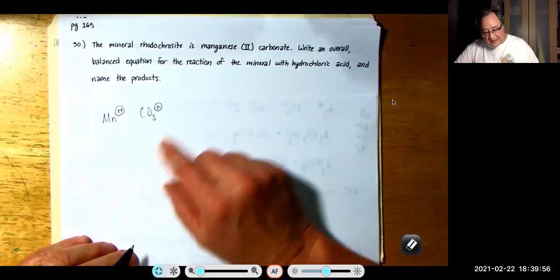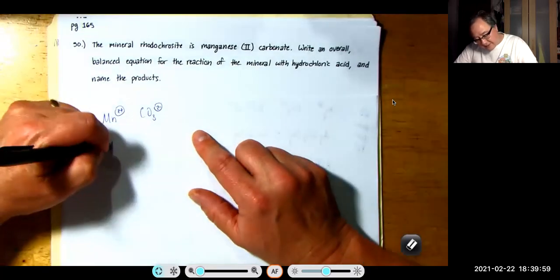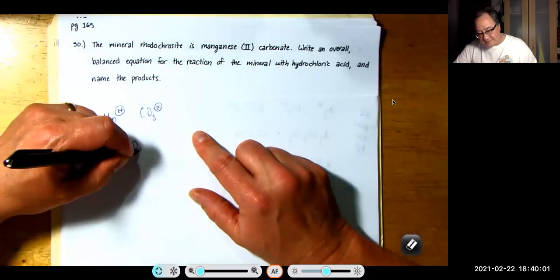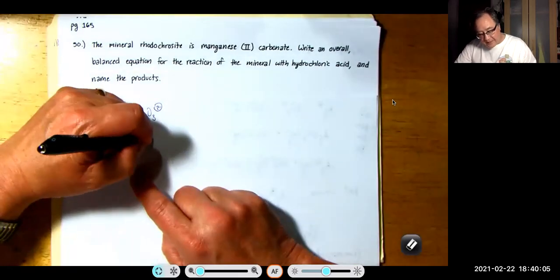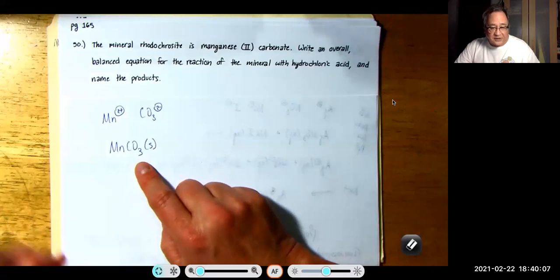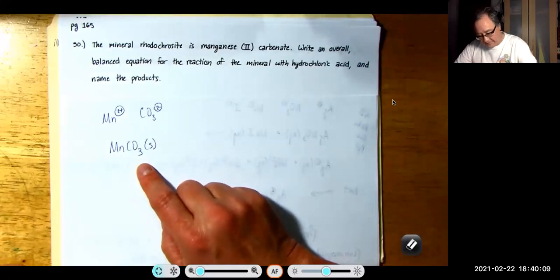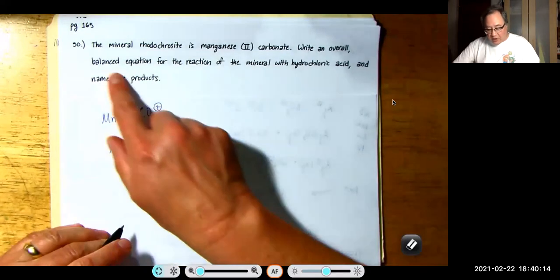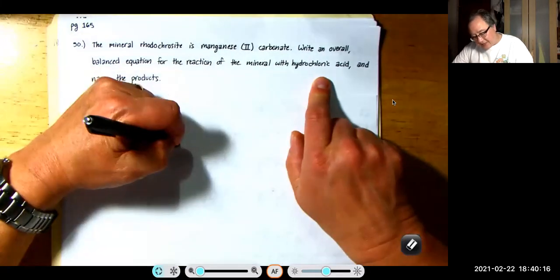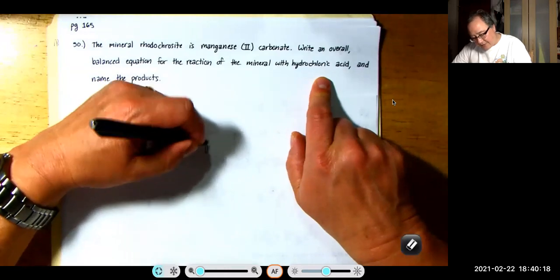So that makes manganese 2 carbonate. Now, carbonates in general are not water soluble unless combined with sodium or potassium or ammonium. Hydrochloric acid is HCl, and you can buy that aqueous.